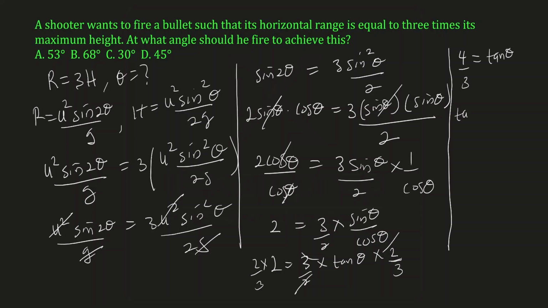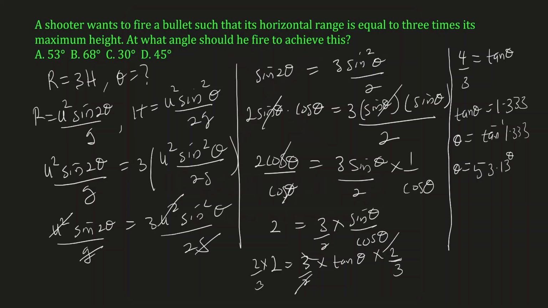That means tan theta equals 4 over 3, which is equal to 1.333. Then theta is going to equal tan inverse, or arctan, of 1.333. And if you plug that in your calculator, you should get 53.13 degrees. Make sure that your calculator is in degree mode.